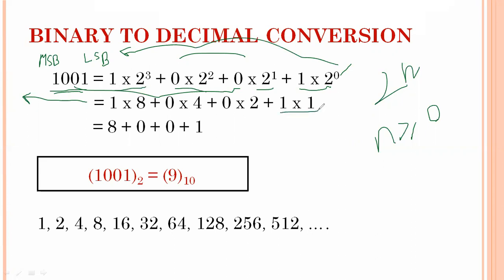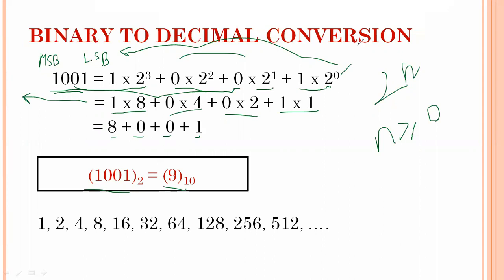So here the values are 1 into 1, 0 into 2, 0 into 4, and 1 into 8. The results are 8 plus 0 plus 0 plus 1, combined it is 9. So the conversion of this binary number is 9.